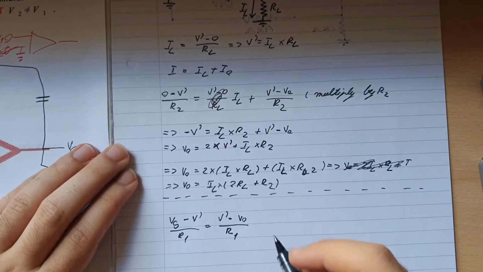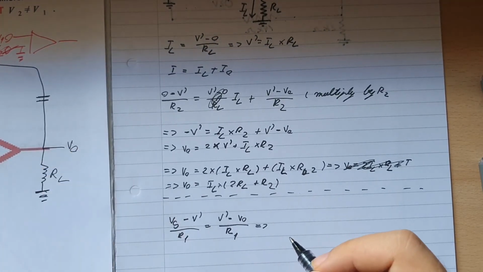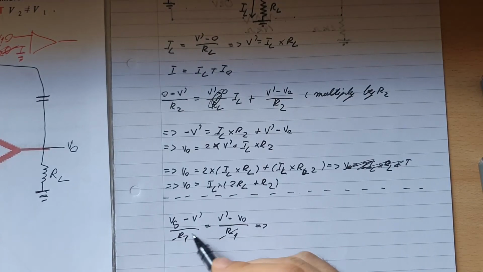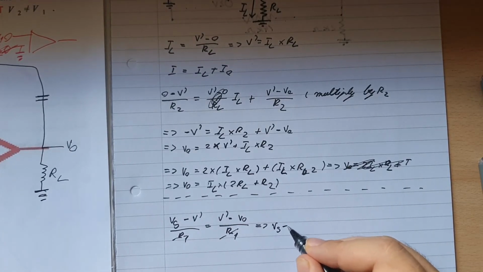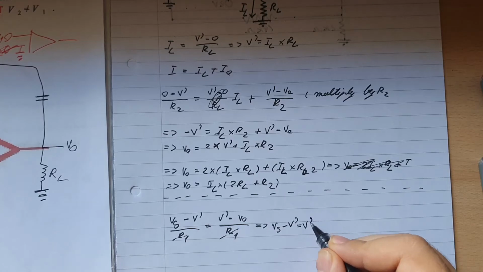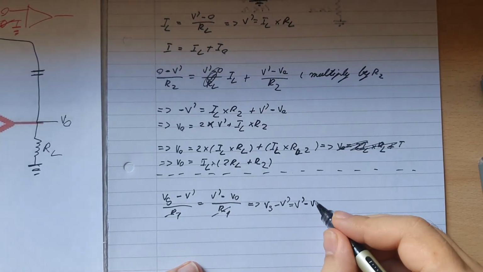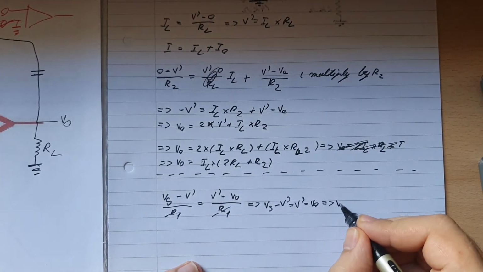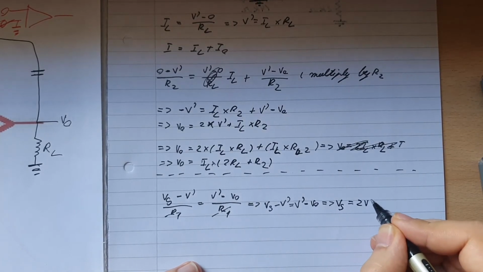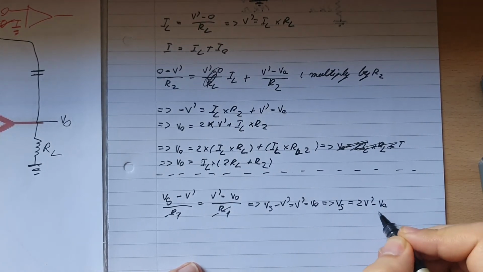They are the same value, so we can just cancel them. Therefore Vs minus V prime is equal to V prime minus V out. Therefore Vs is equal to 2 V prime minus V out.